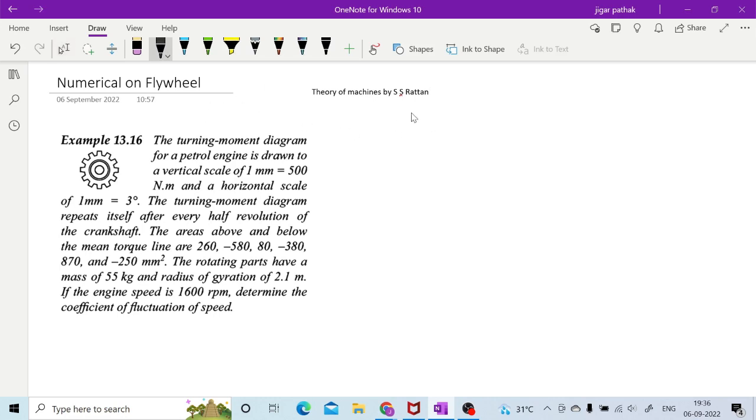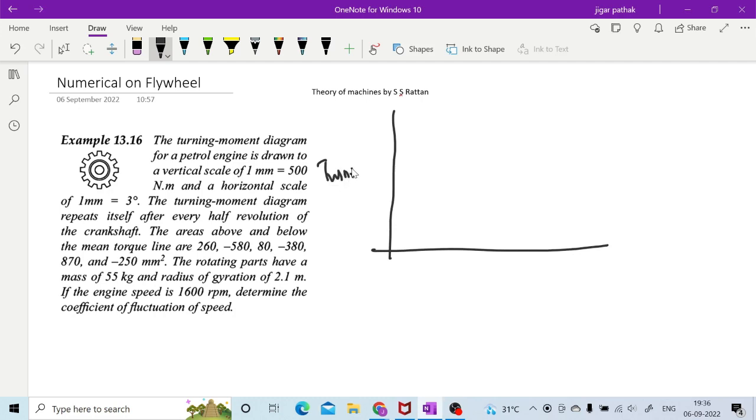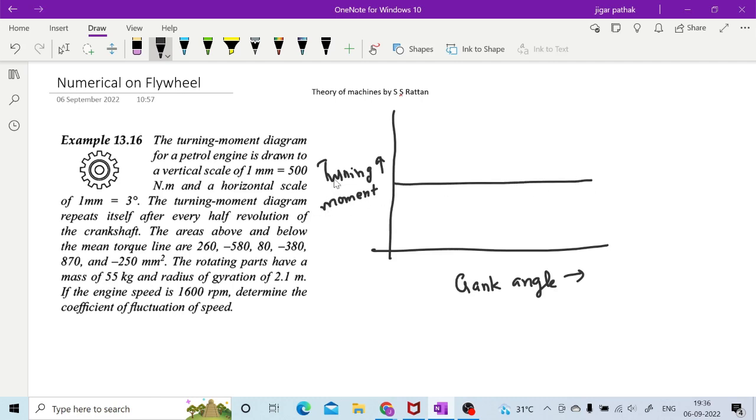But before going to solve this problem, you have to draw this diagram of turning moment versus crank angle. Right, so if you consider a mean torque, then you are provided some data. Let us see. I'm drawing this.